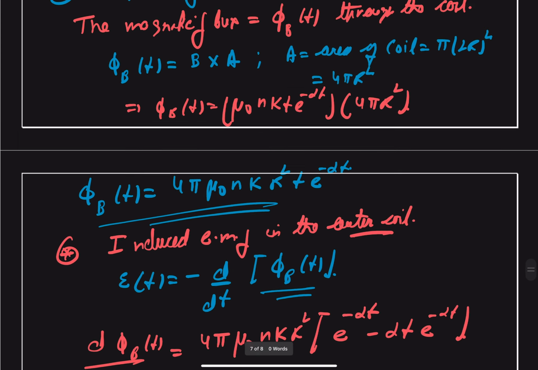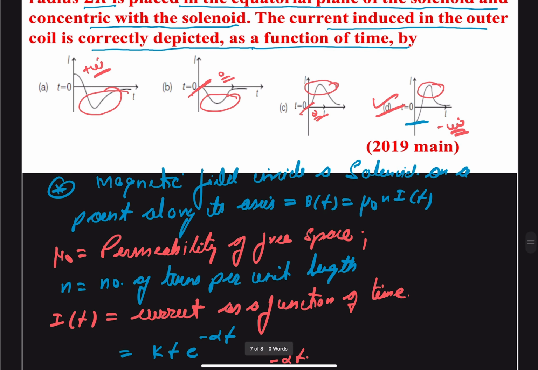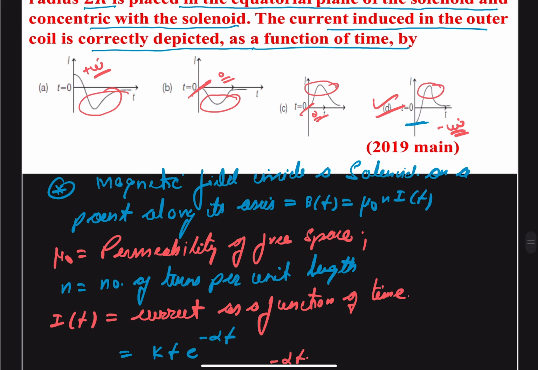So we can get an approximate idea how the graph will be shaping up. But the most important point is finding out the value of the induced EMF at t is equal to 0. So this gives us that option D is the correct one.